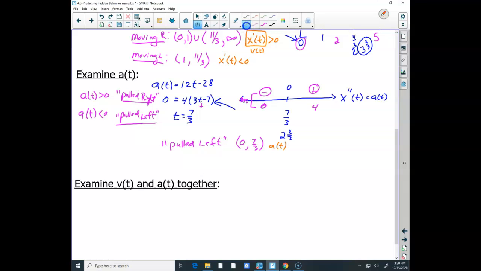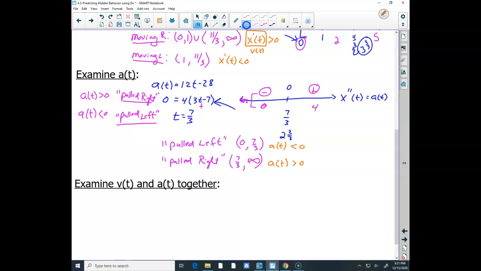But A of t is being pulled left because A of t is less than 0. That's my justification. And I'm technically being pulled to the right from 7 thirds to infinity, because I don't have an endpoint listed. My justification is because acceleration, or A of t, is greater than 0, therefore it's being pulled to the right. So that's just modeling what I have coming on here.